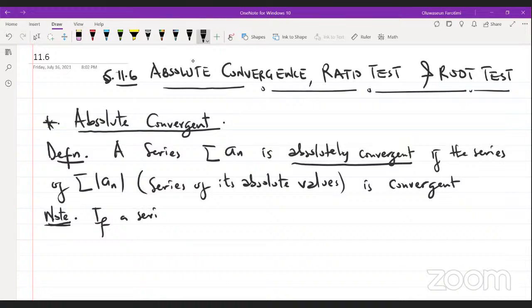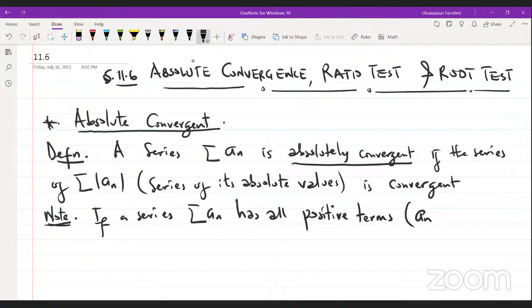Now let me note, if a series has all positive terms, okay, so if the terms of this series are all positive, now what do we mean by that, guys? So that means a_n is bigger than or equal to 0. If a series has all positive terms, then what would the series of the absolute value be? It's just going to be the same thing. Okay, think about this. You have absolute value of 5. 5 is a positive number, so nothing changes. So this is just 5. Okay, so in this case now, our a_n is already positive.